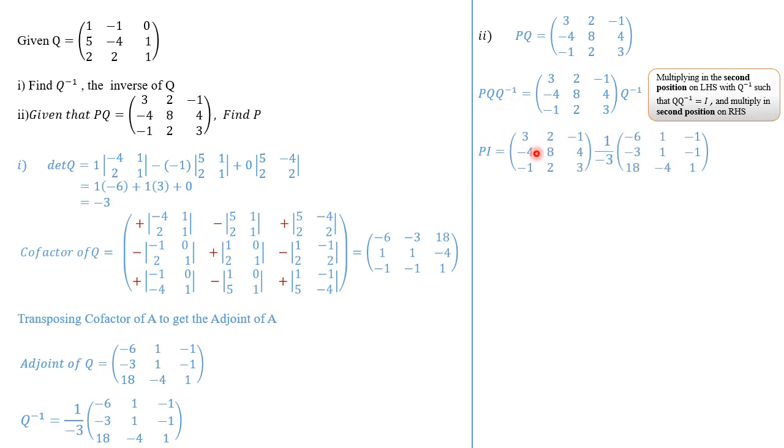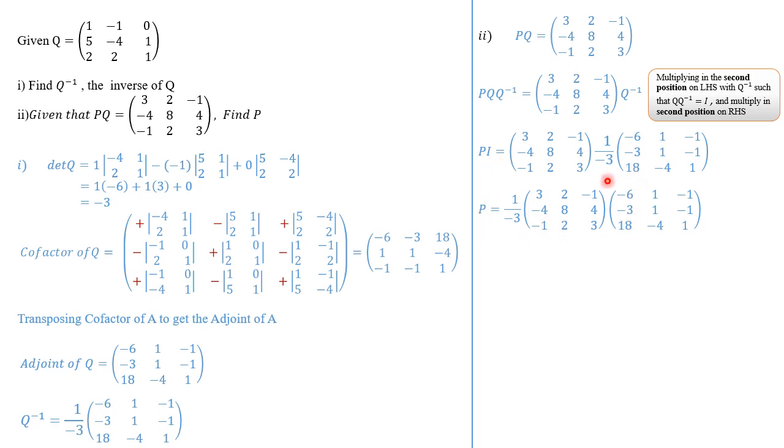Then this matrix times the inverse of Q. This is our inverse that we have already found here. This is a constant, a scalar, so we can put it aside, but we maintain the order of our matrices. It's this matrix times this matrix. So we have P is equal to 1 over minus 3, since P times the identity matrix is equal to P. Then we have this matrix times the other matrix.